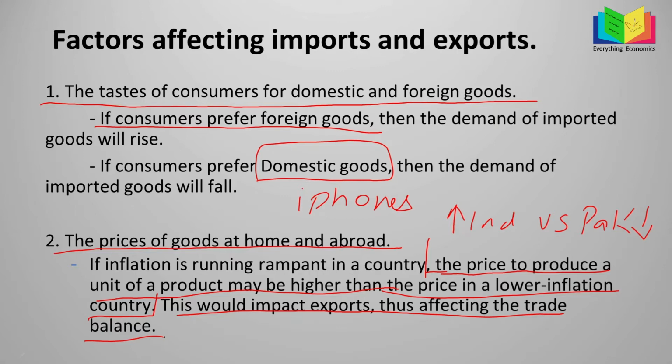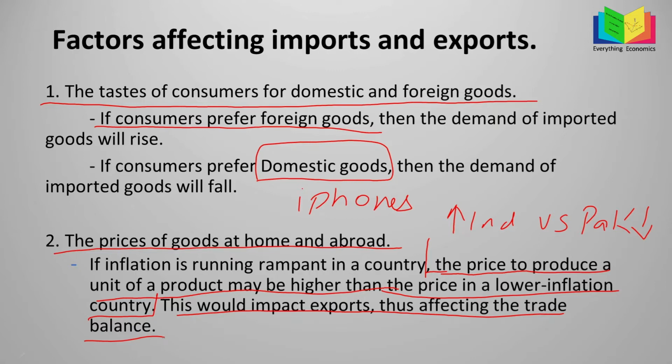So that's the second part, prices of goods at home and abroad. If there is inflation, then the goods and services in the domestic market are more expensive for foreign consumers, and they will shift their demand to other cheaper sources, like other countries. So that's the second factor.